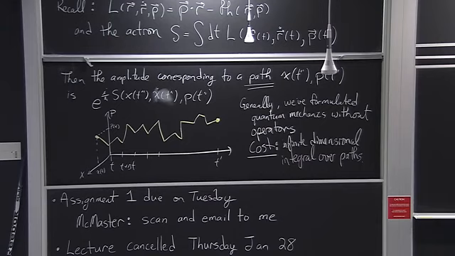It's equally fundamental. You could start with the Feynman path integral, which is basically what this is, and derive everything you need to derive about quantum mechanics. So it's equally fundamental, but in terms of practical use, it has advantages and disadvantages.